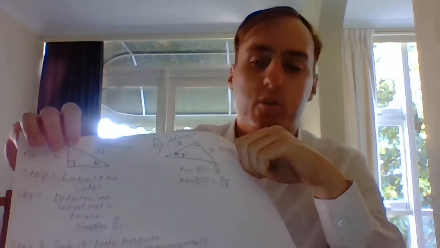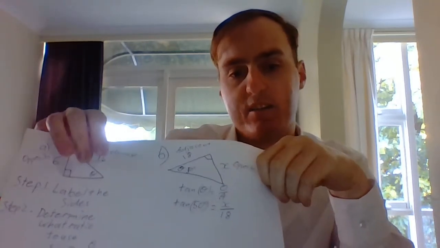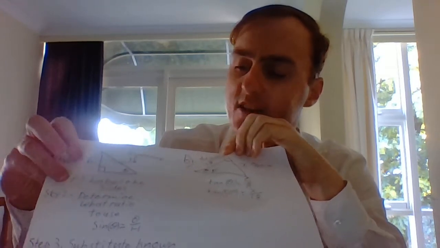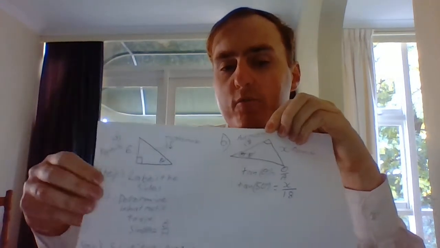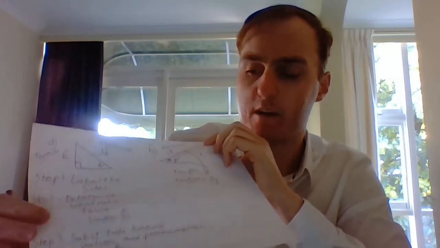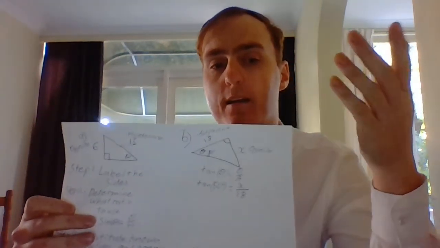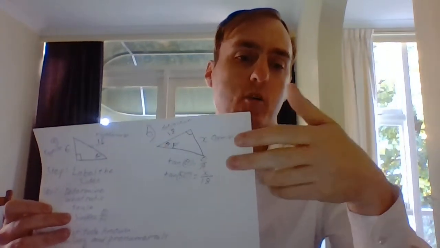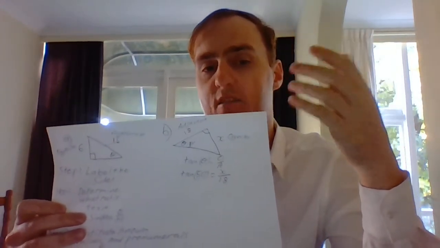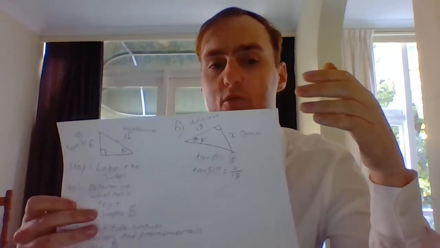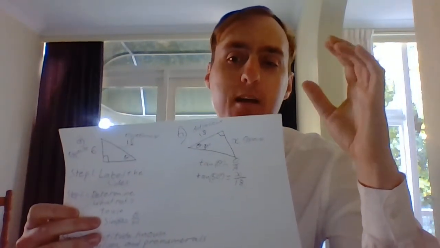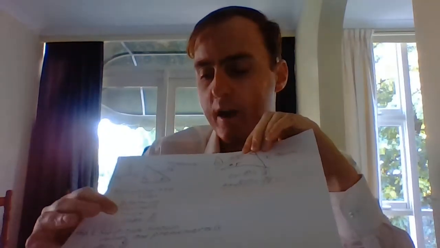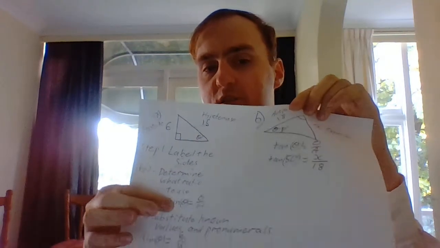We'll first want to label these sides, so we know that one is the hypotenuse because it's opposite the right angle, and this one is our opposite because it's opposite the reference angle. We then determine which ratio to use. If we look at SOHCAHTOA, sine equals opposite over hypotenuse, cosine equals adjacent over hypotenuse, and tangent equals opposite over the adjacent. Now we have our opposite and our hypotenuse, therefore we know to use the sine ratio.